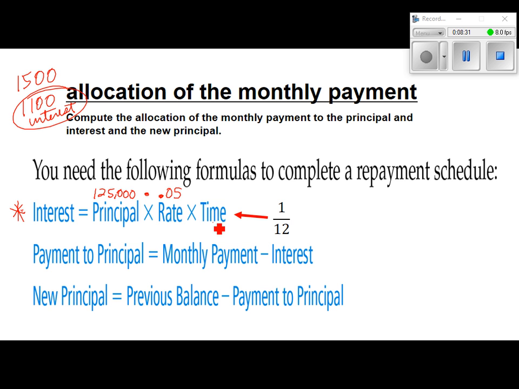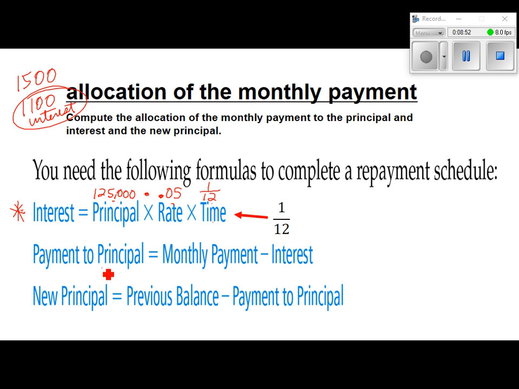And then your time has to be 1/12, because we only want 1 month. So you multiply this number times this number, and then hit equals and divide by 12, and that'll give you the interest that you pay for that month.